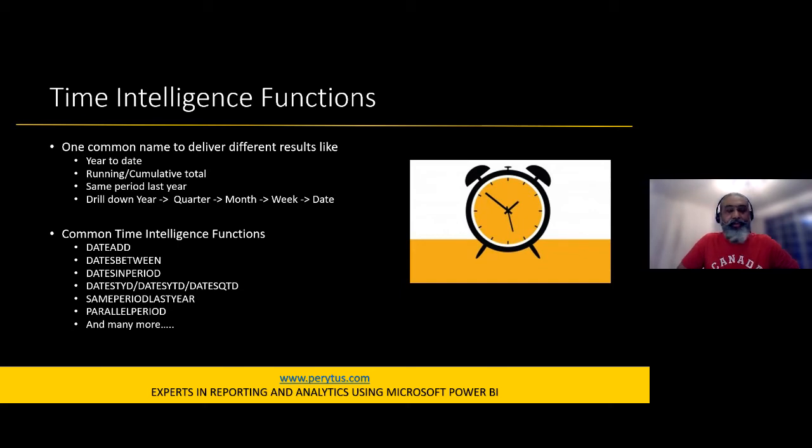DATEADD, which is highly used, DATESBETWEEN, DATESINPERIOD. We have tons of them, like year to date, month to date, quarter to date, total year to date, so many functions, PARALLELPERIOD. And what is common in all these? All these functions work on dates, and those are called time intelligence functions.